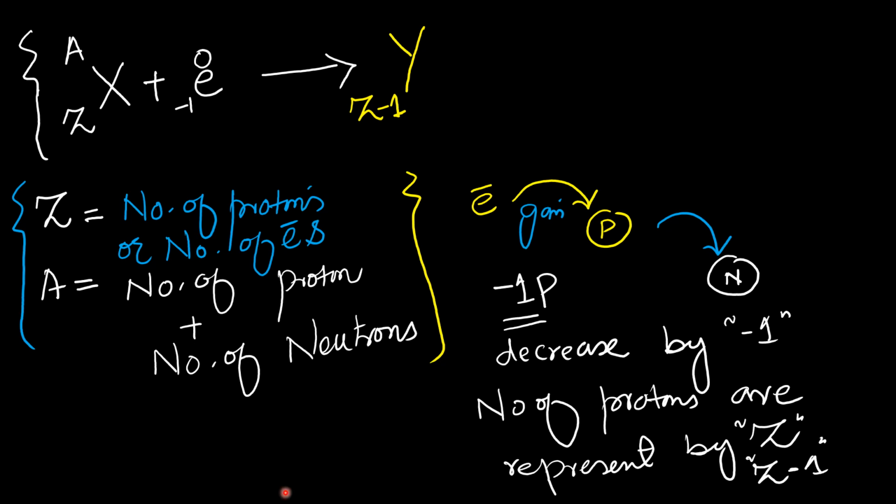Since in electron capture the electron is gained by a proton, and the proton is converted into a neutron, but atomic mass is the number of protons plus neutrons, there will be no effect on atomic weight.